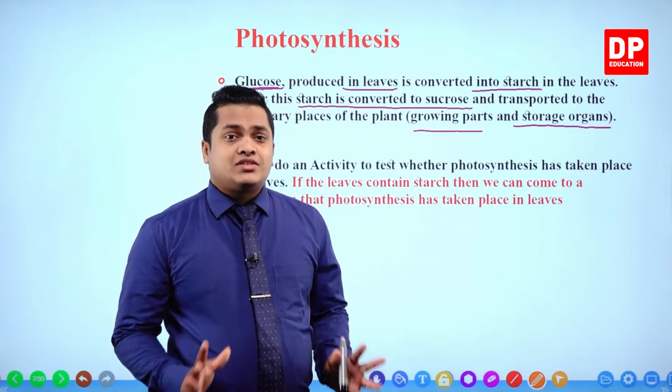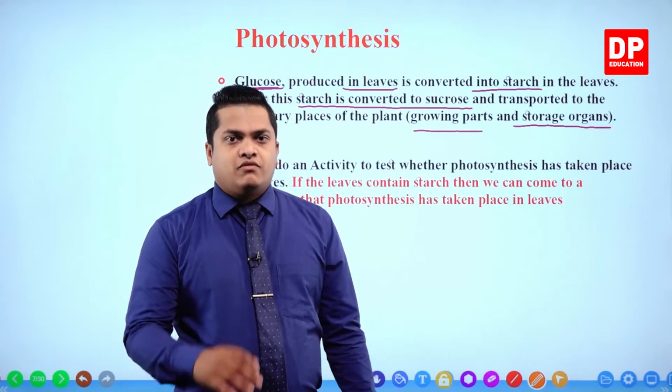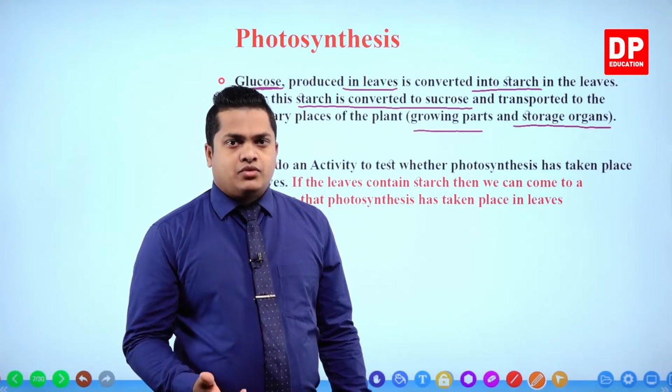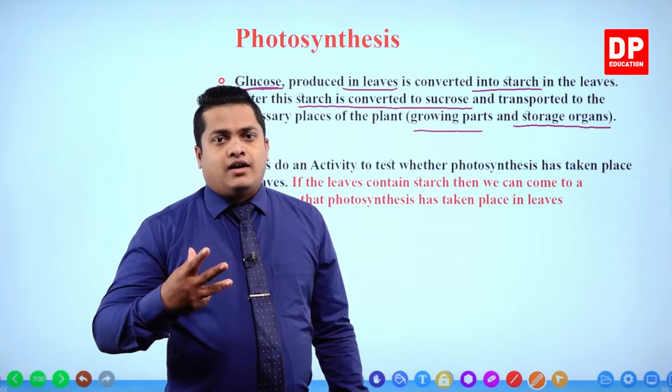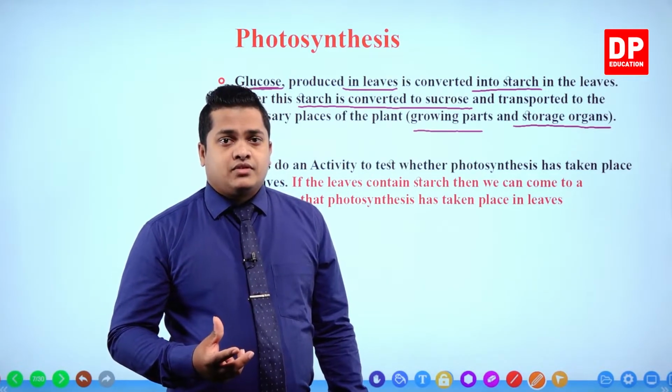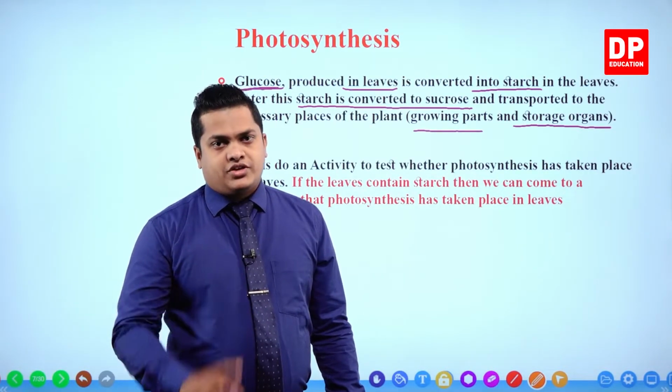Those storage agents are the ones that we are going to consume, especially fruits, yams, aerial roots, right? Aerial stems, then after that underground stems. So those are the ones which are referred to as storage agents.